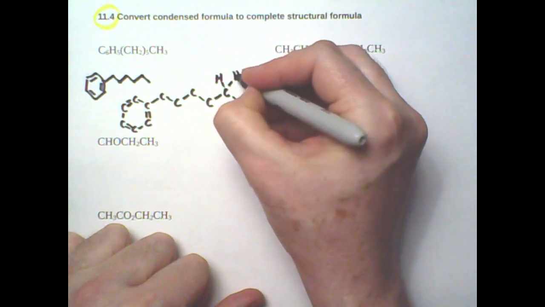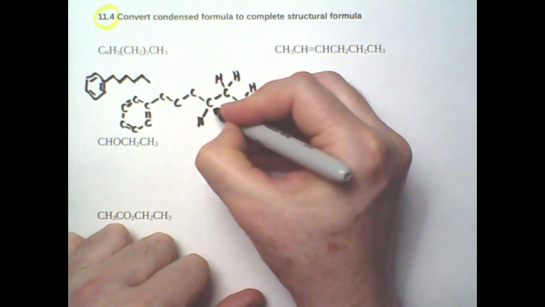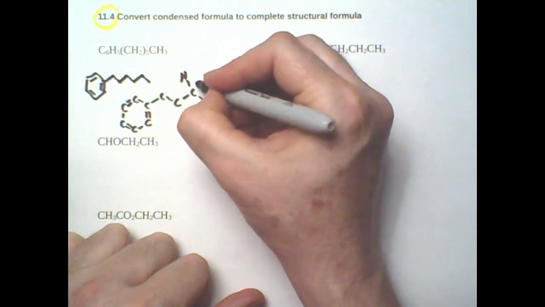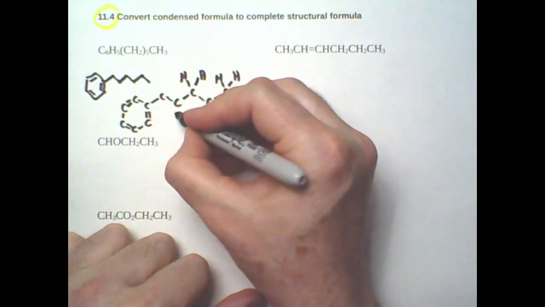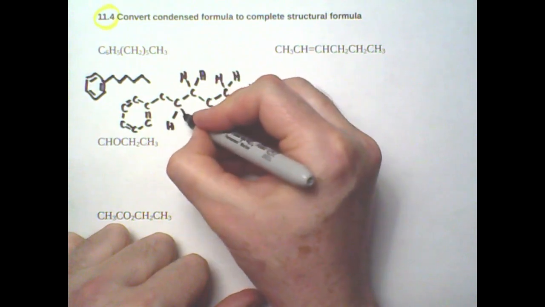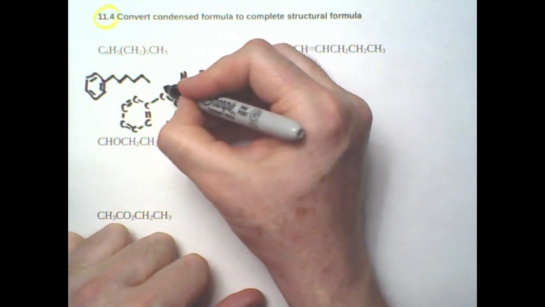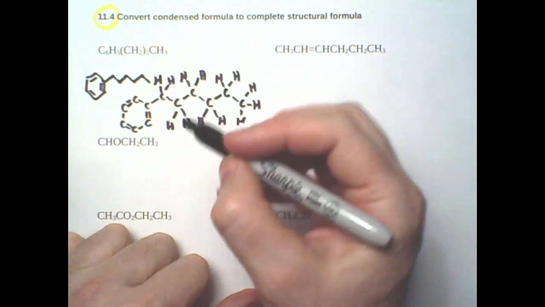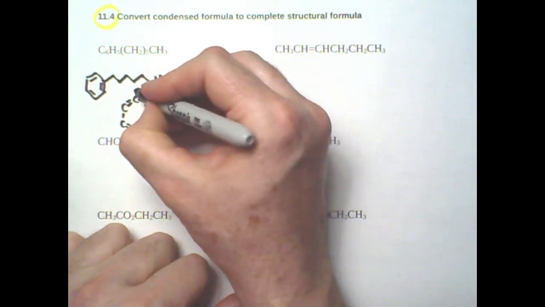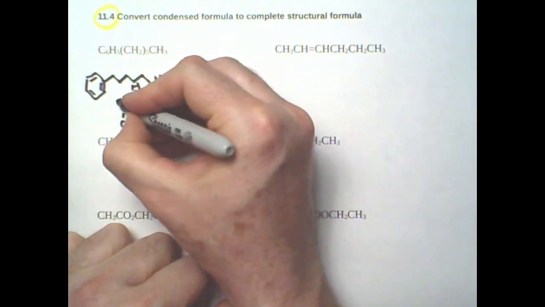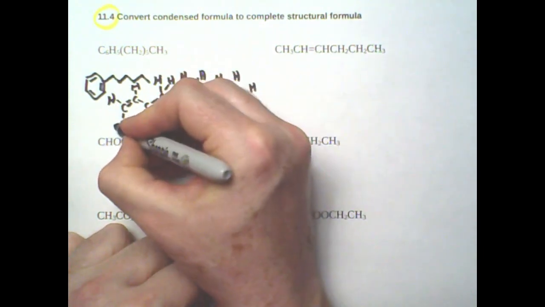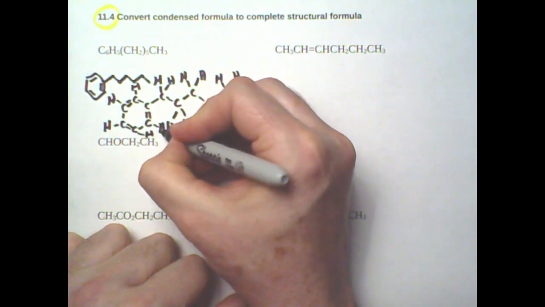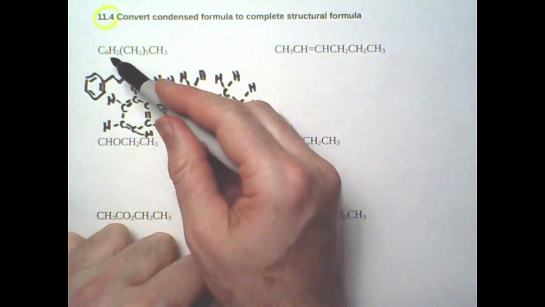Take the time to put in all the hydrogens. You can see why organic chemists don't write these complete structures very often. It takes a lot of clicking or a lot of writing or a lot of typing. And just 1 hydrogen on each of these in the ring to get the H5 there.